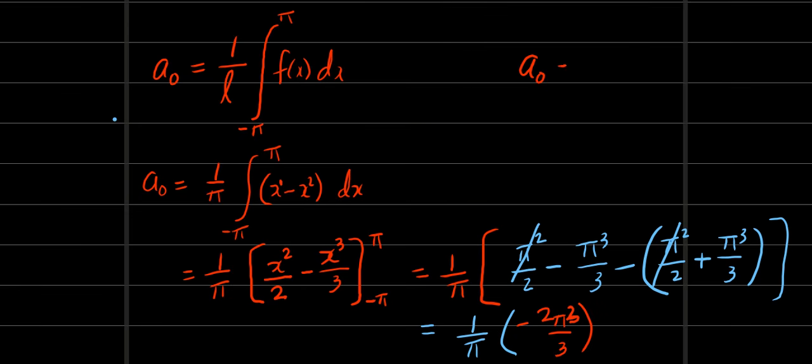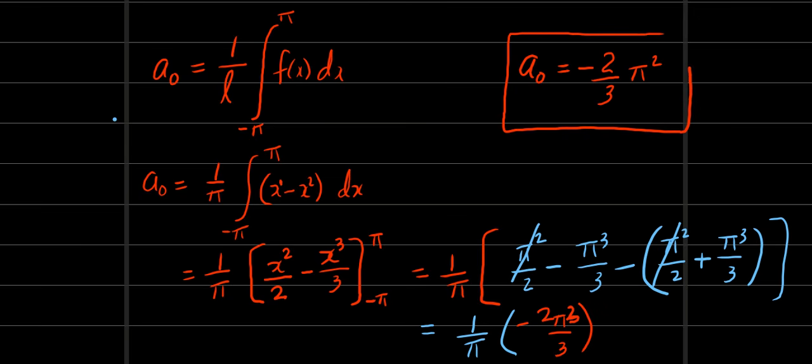A naught is equal to minus 2 by 3 pi square. So put it in a box so that we can use that for further reference. Okay, now the next one, an.